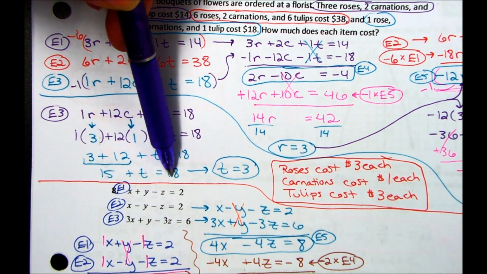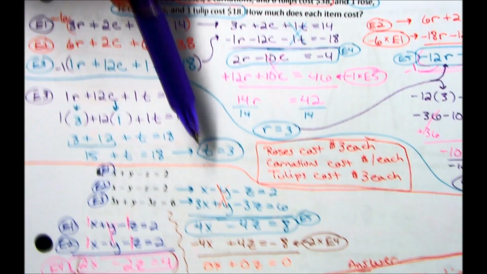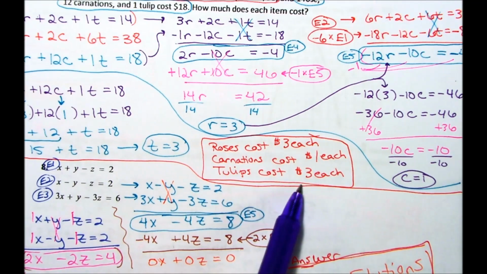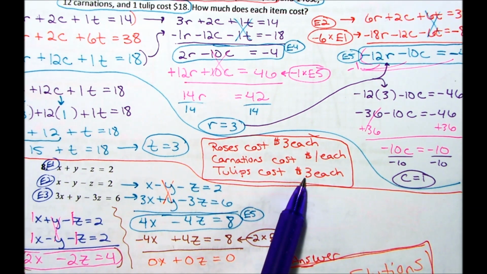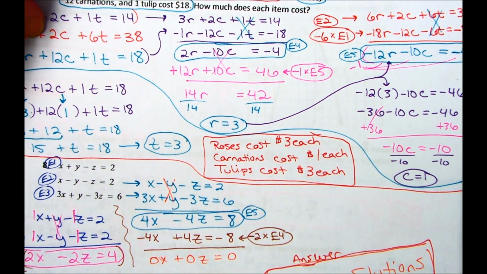If I subtract 15 from the 18, I get 3 again for the cost of the tulips. So the cost of the tulips is also $3 each. So that's an example of one of those story problems.